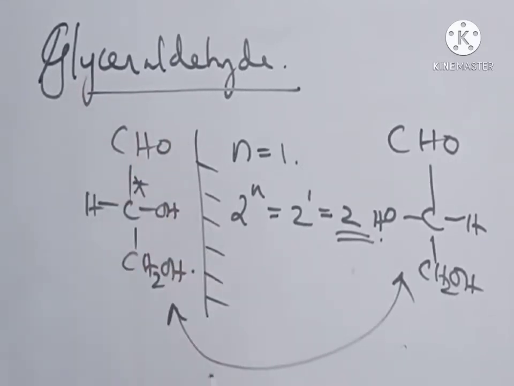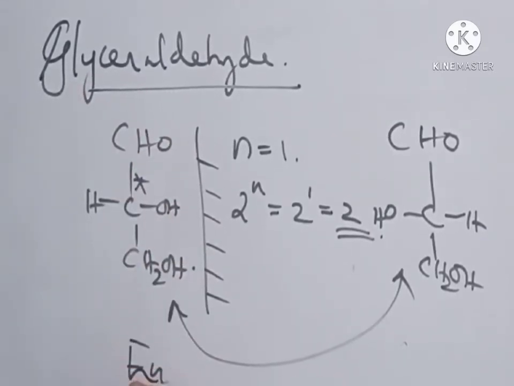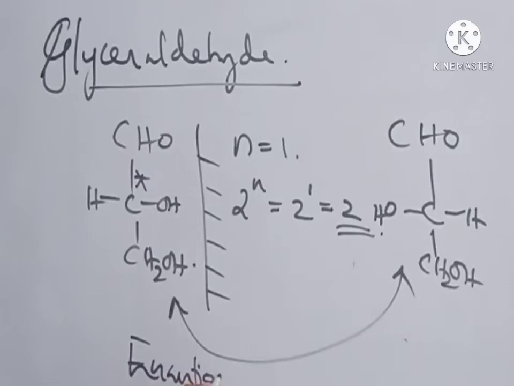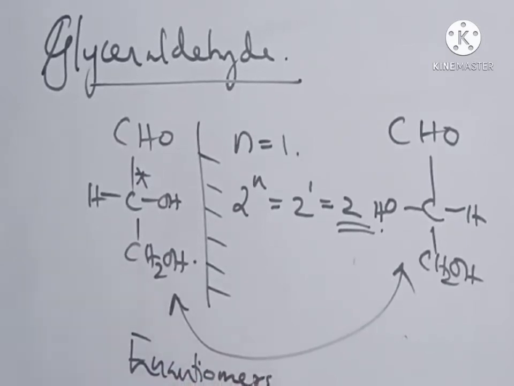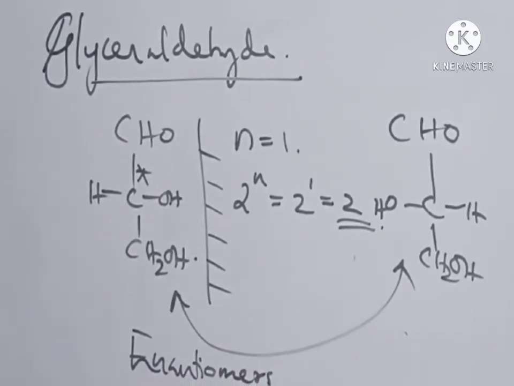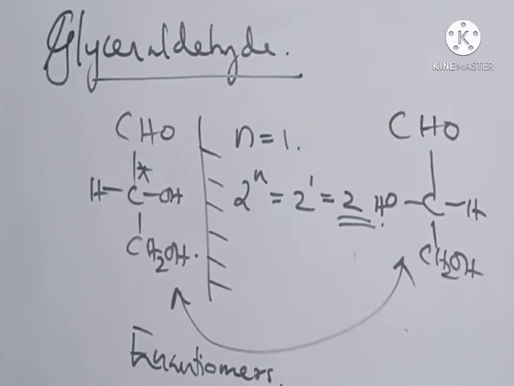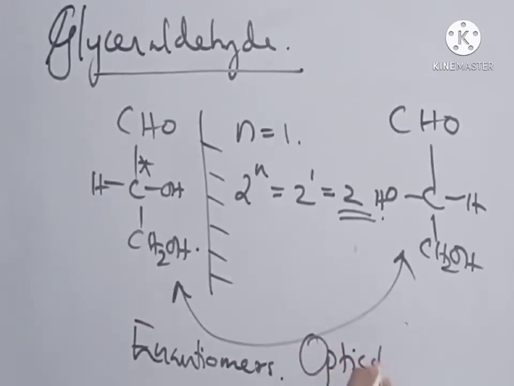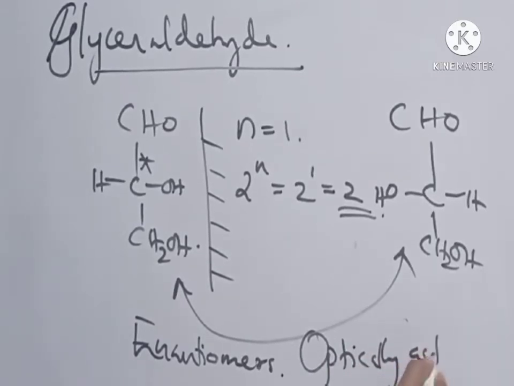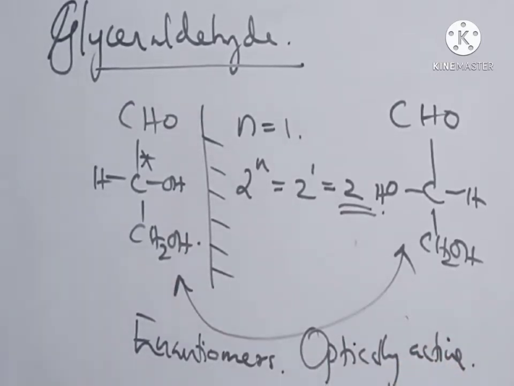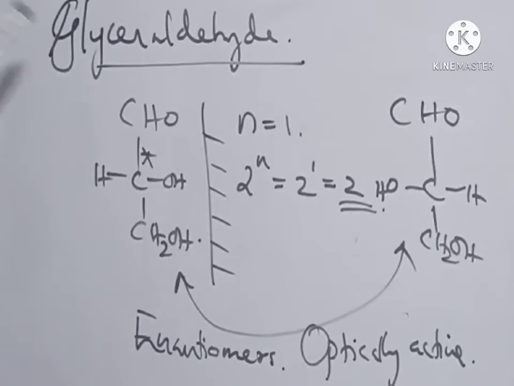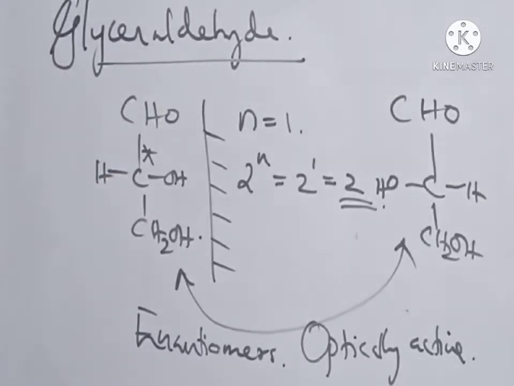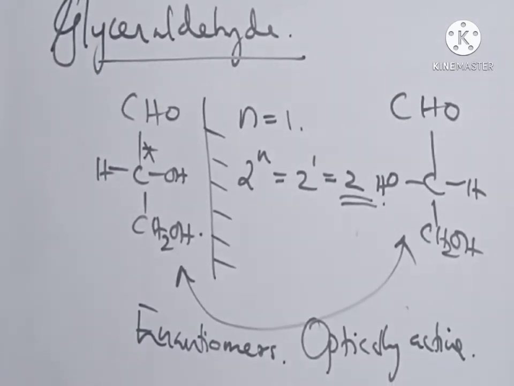So these are enantiomers. And we know that these enantiomers are optically active. So both the stereoisomers of glyceraldehyde are optically active compounds.